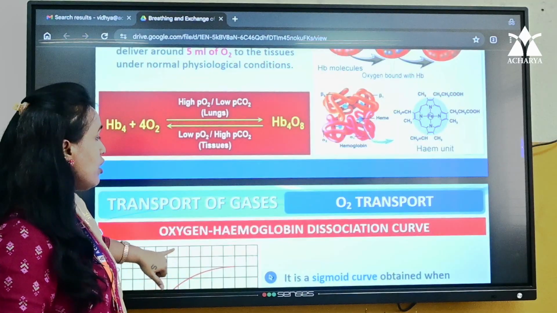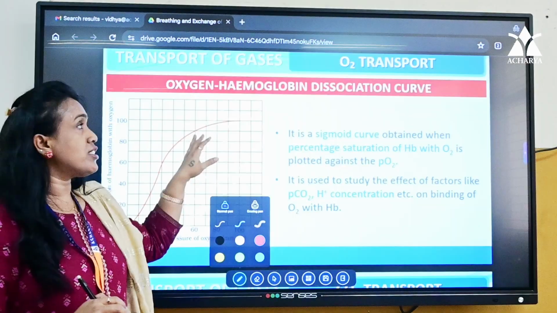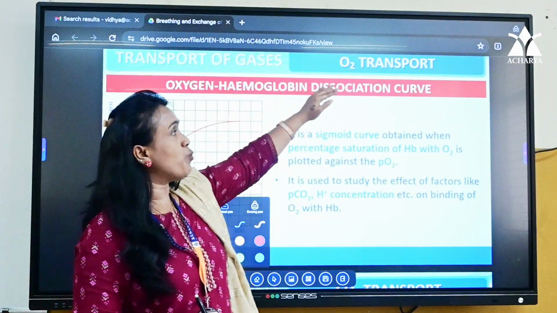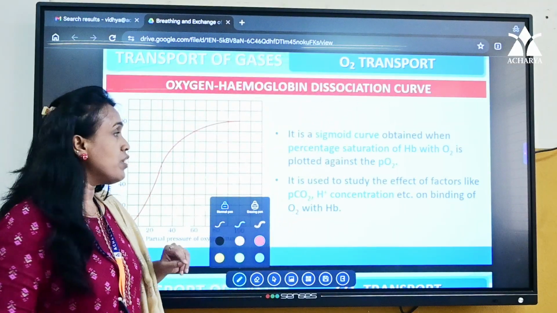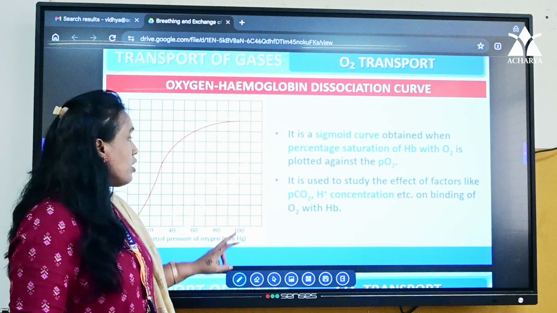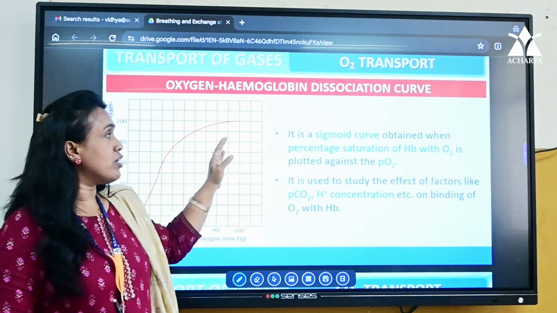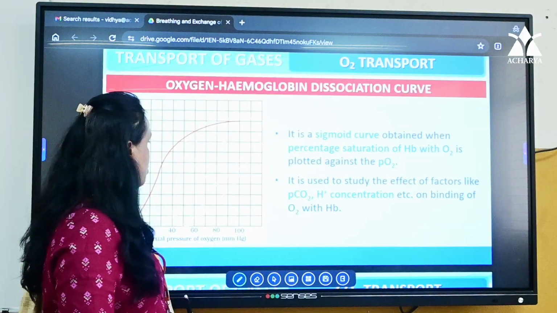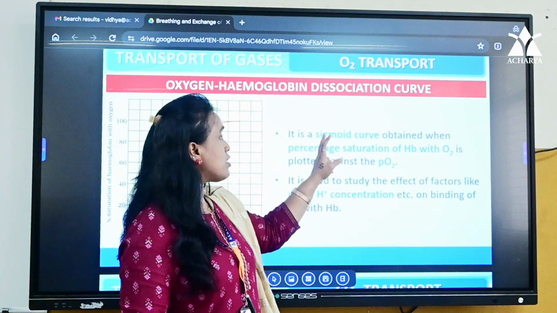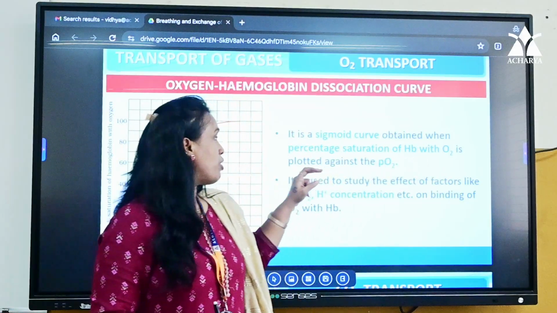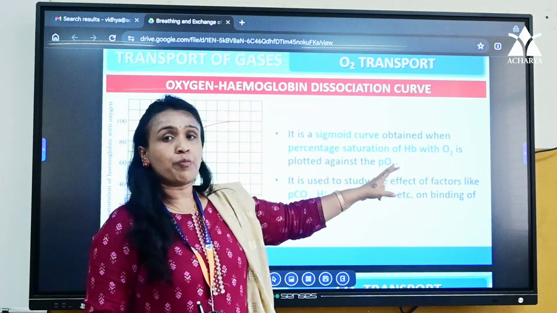Under normal physiological conditions, the next concept is the oxygen hemoglobin dissociation curve. In a normal condition, the saturation of oxygen is a sigmoid curve, obtained when percentage saturation of Hb with O2 is plotted against PO2.